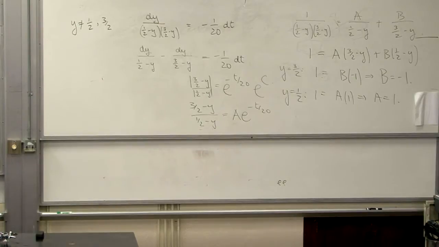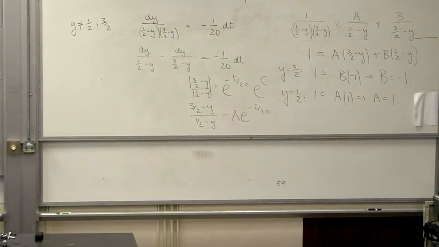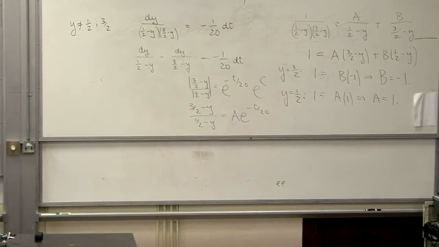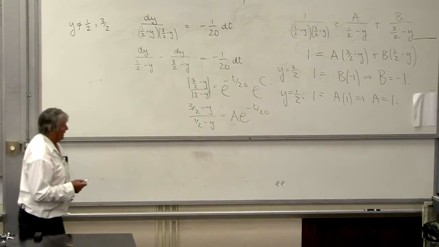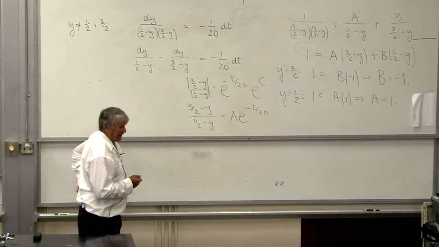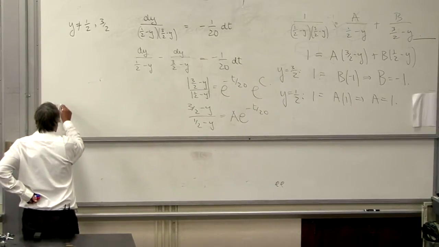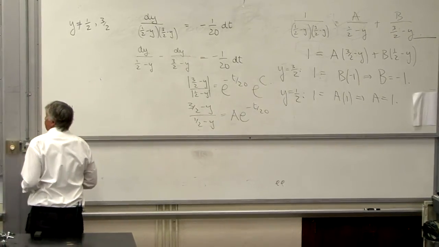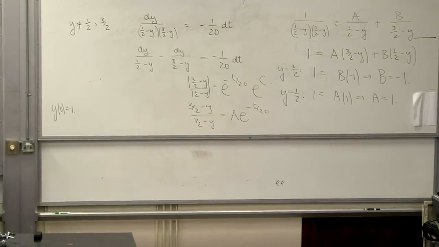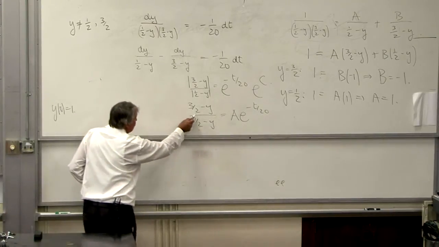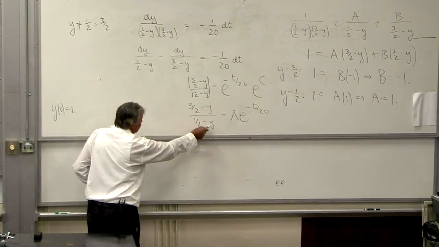So the A stands for either the plus or minus of e to the c. You see, e to the c, no matter what c is, is always positive. Now we have to allow for the possibility that A might be negative. In fact, it is, because if y of 0 is 1, say, if we're starting here in the middle, then I have (3/2 minus 1) over (a half minus 1).